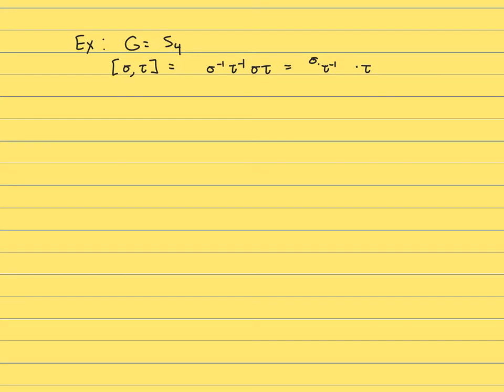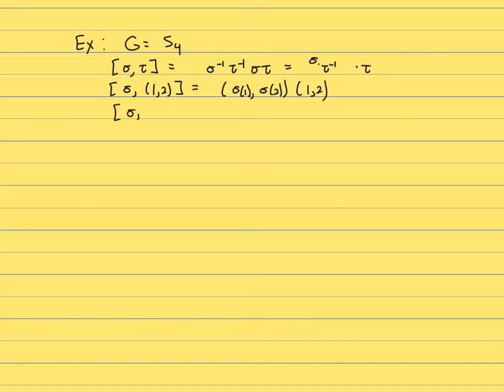That's what happens. So what happens if you take a commutator with a 2 cycle? Quite literally, let's just take the cycle (1 2). Well, (1 2) is its own inverse, so you're looking at sigma(1 2), sigma(2), times (1 2).